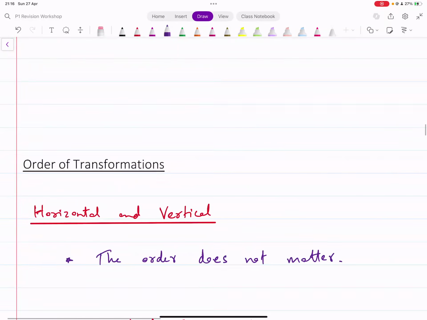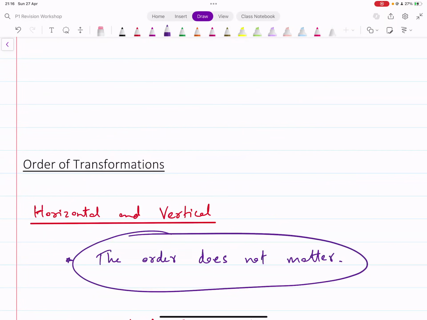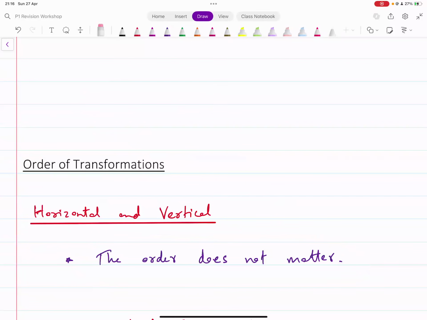When you have some horizontal and some vertical transformations, the order does not matter. You can do horizontal first or vertical first, because horizontal transformations only change the x coordinates and vertical transformations only change the y coordinate. So they don't have anything to do with each other.